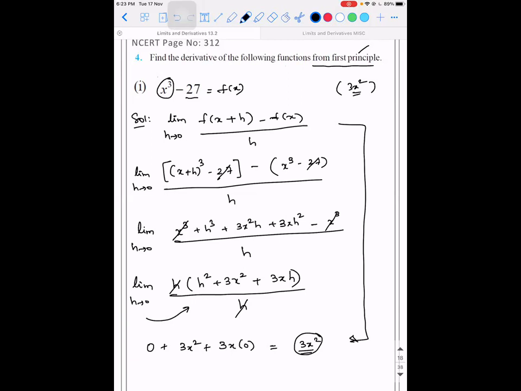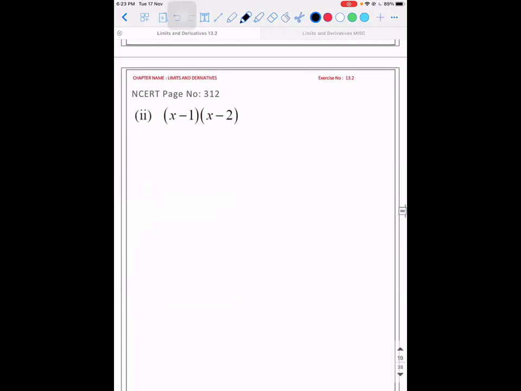Going to the next one. Derivative of x minus 1 into x minus 2. This also we need to find using first principle of derivative, right? So what is f dash of x? It is limit h tends to 0, f of x plus h minus f of x the whole divided by h.